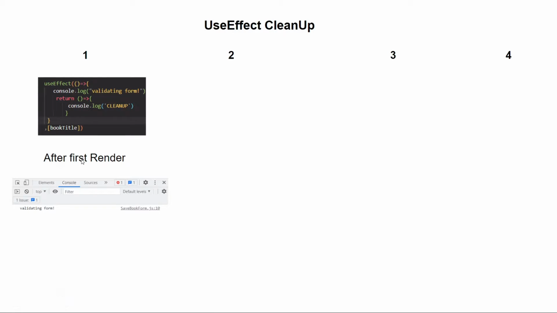After the first render, this UseEffect is executed, and this function is executed, but only this line of code is executed. For this function, the return statement is not executed. For that reason, we get this message here, validated form.